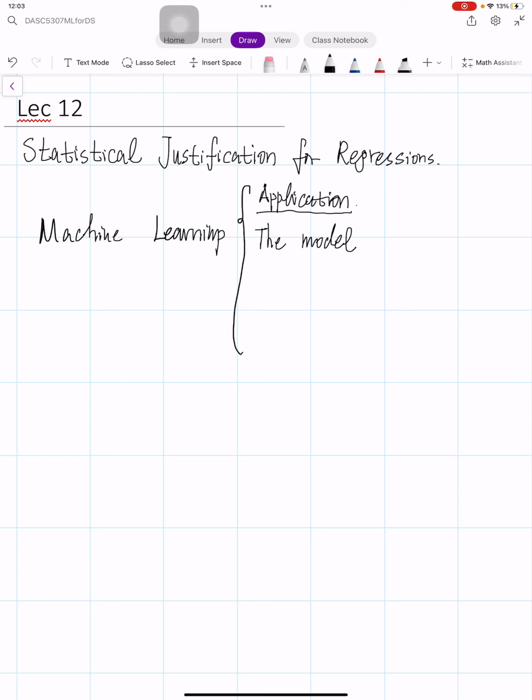Once you identify the model, you convert your problem, based on the data you have at hand, into an optimization problem. You want to minimize some cost, or maximize some likelihood function. And then we can identify some optimization algorithm.